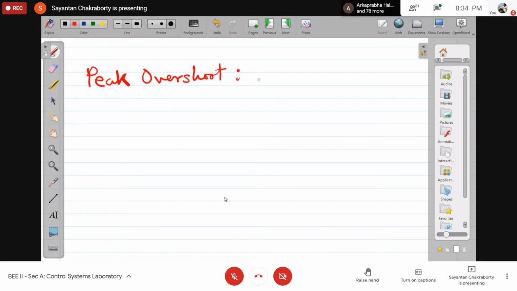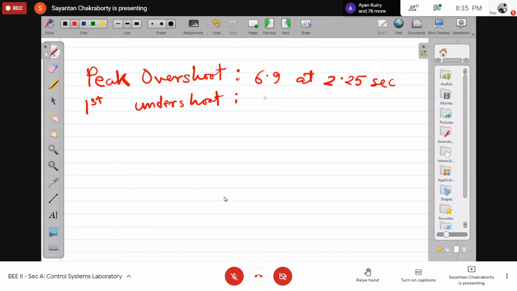Peak overshoot value is 6.9 at 2.25 seconds. Then first undershoot, 4.2 at 4.6 seconds.